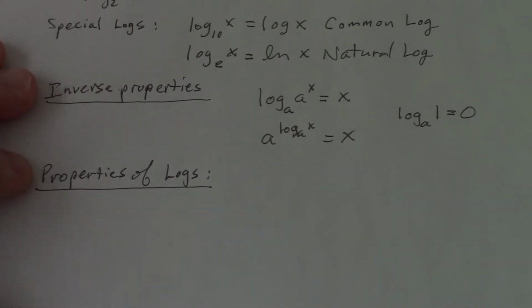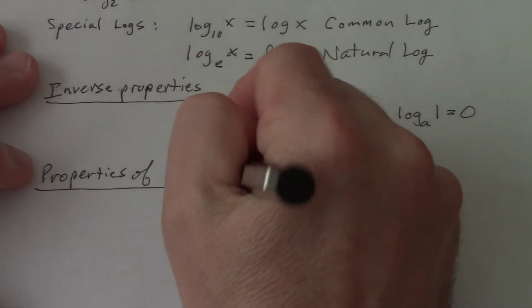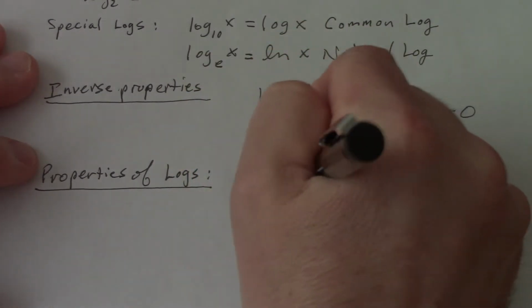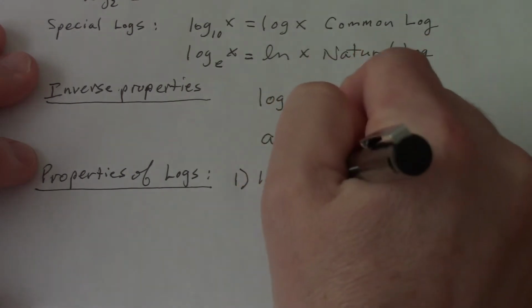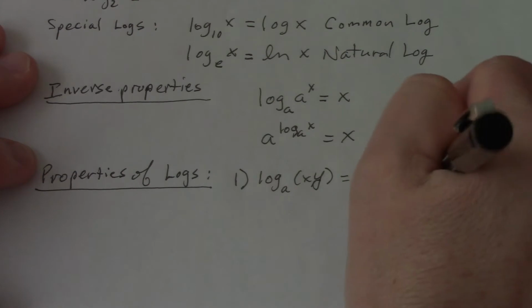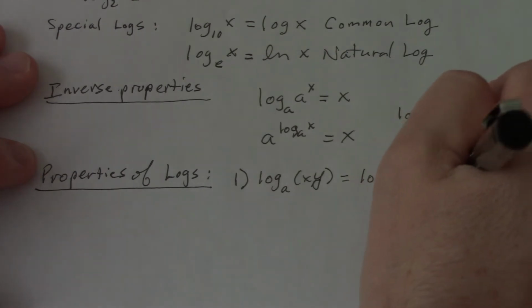Properties of logs. I'm going to actually prove one of these. Log base a of x times y is log base a of x plus log base a of y.